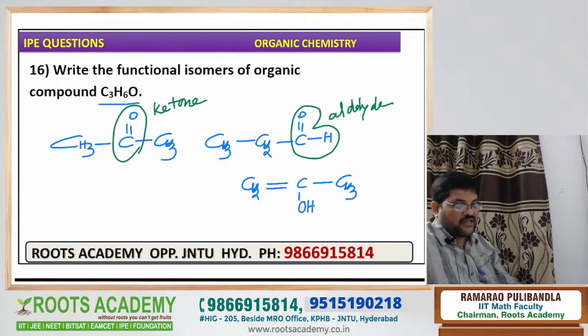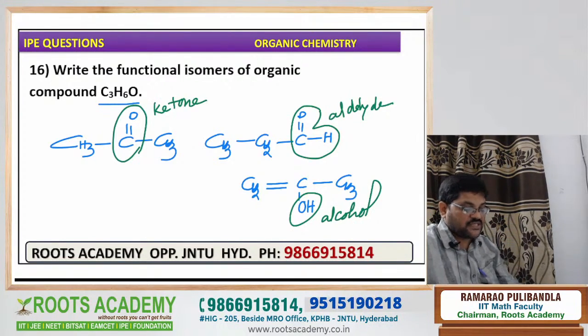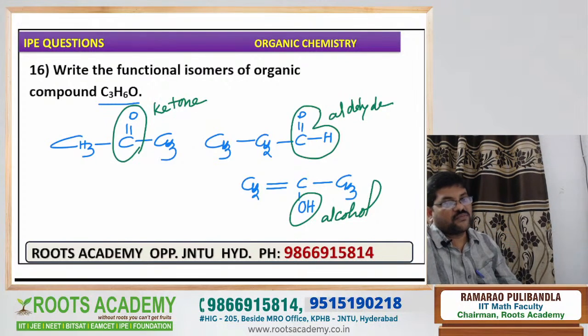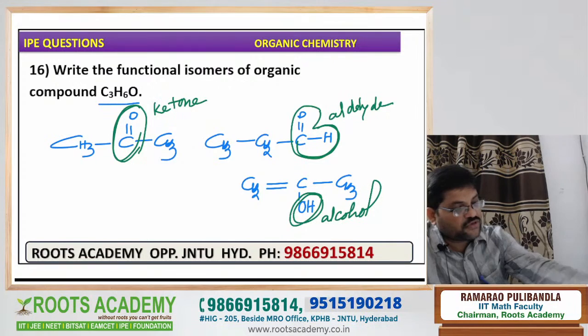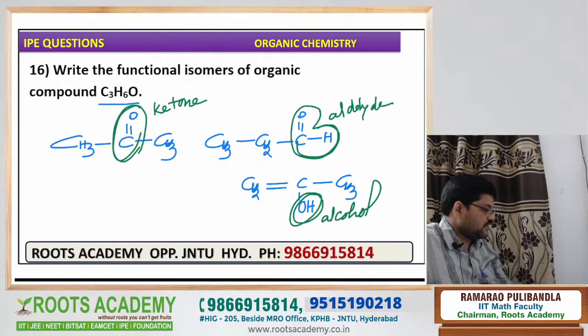Tell me what group? Aldehyde group. And this is called the alcohol group. That's why for the molecular formula C3H6O, 3 functional isomers are possible. One is ketone, another is aldehyde, and the other is alcohol. Simple explanation, no confusion.